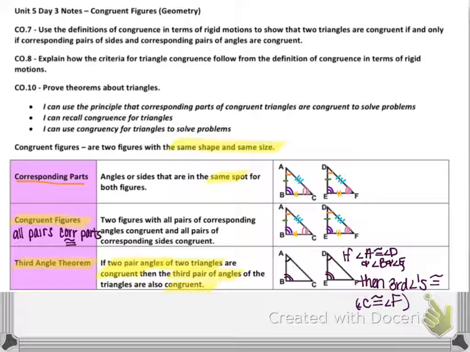But since we know that two angles are congruent, then the third one is going to be as well.